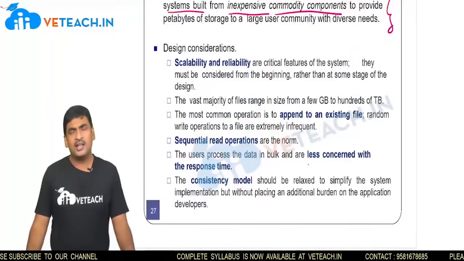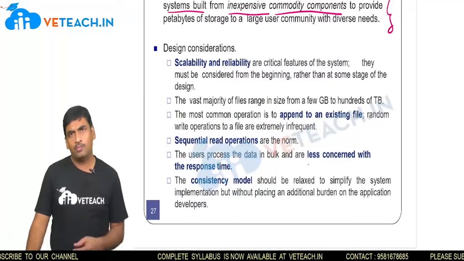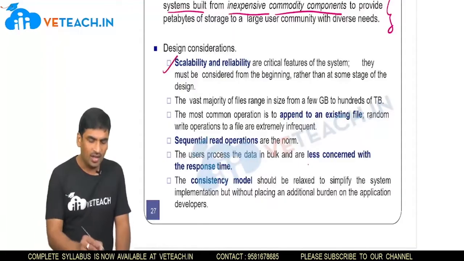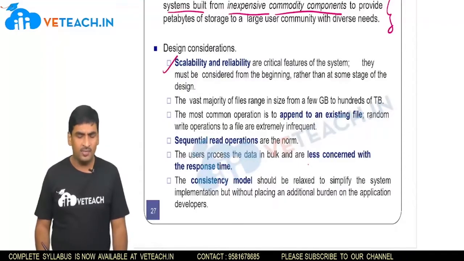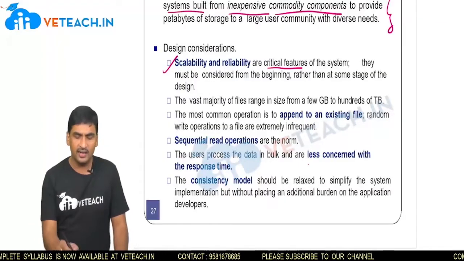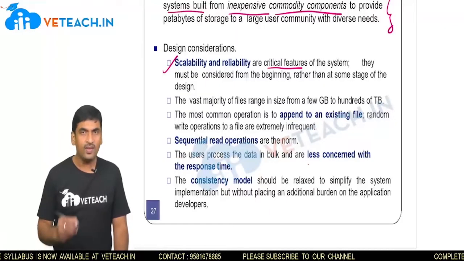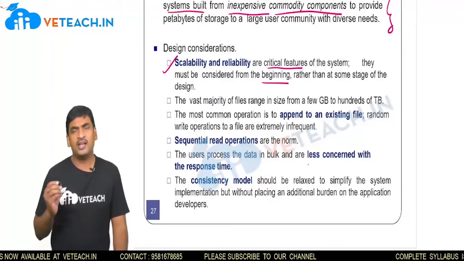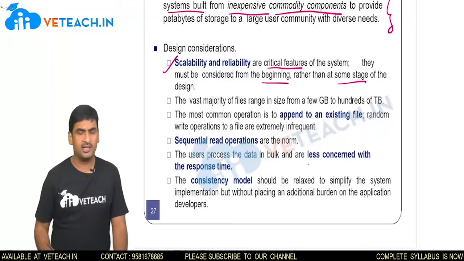The design considerations taken into picture for developing GFS are scalability and reliability, obviously. These are the critical features of the system, and they were considered at the beginning rather than at a later stage.